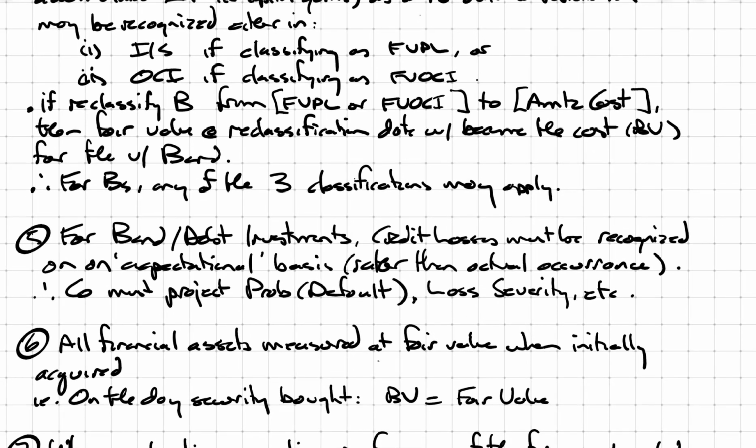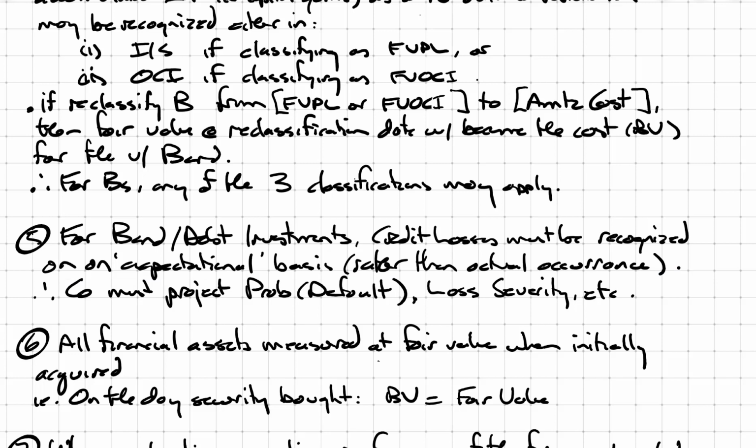So for bonds, it seems any of the three classification approaches may work, whereas for stocks, you can only use one of the fair value approaches. Now, for bonds or debt investments, credit losses must be recognized on an expectational basis rather than waiting until the actual loss occurs.